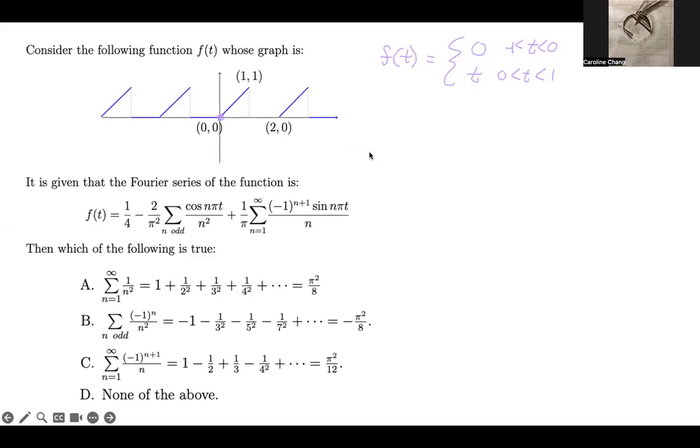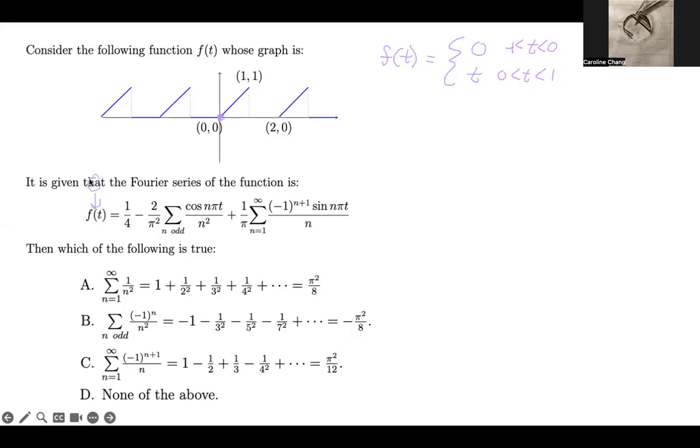But here, the f value at the point 0 is the same, even though it's a piecewise function. So that is very nice, because of that information, we can choose t to be equal to 0. And when t is equal to 0, f of t is equal to 0, because we have the 0 function. So it's equal to 0 overall.